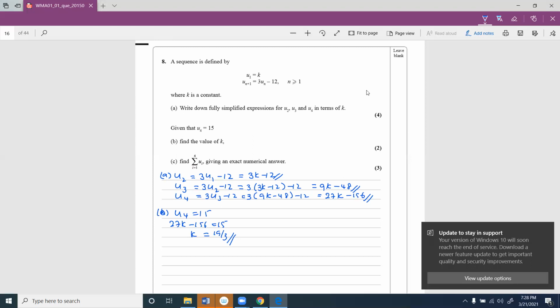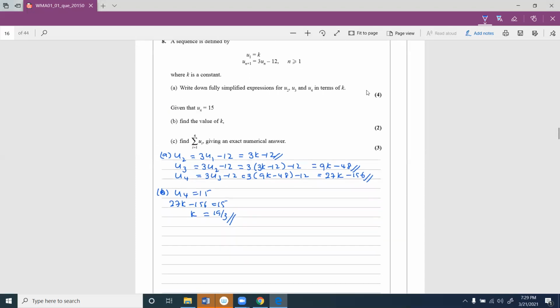Then they mention the summation from 1 to 4 of u, as an exact numerical answer, part C. Then you can write the first 4 terms: u1 is k, the second term is 3k minus 12, the next term is 9k minus 48, and the last term is 27k minus 156. So you can manually add them together.